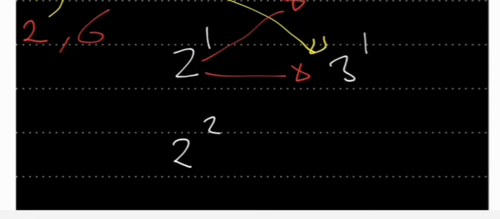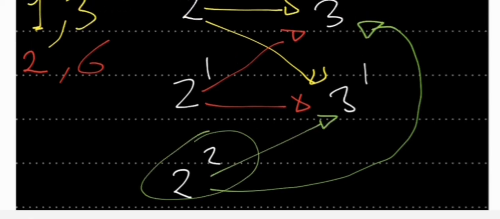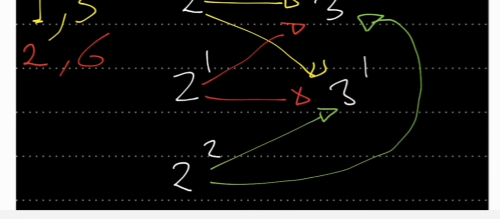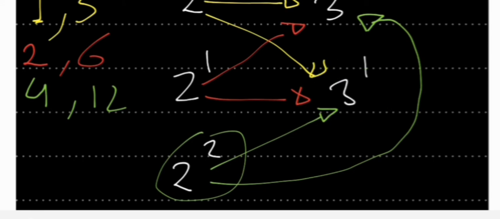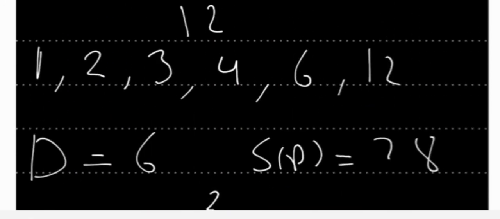Now we can do this and this, right? So 2 to the second power multiplied by 3 to the 0 is 4, and 2 to the second power multiplied by 3 to the 1 is 12, right? 2 to the second is 4 multiplied by 3 is 12. So look, these numbers over here are the numbers over here, right?